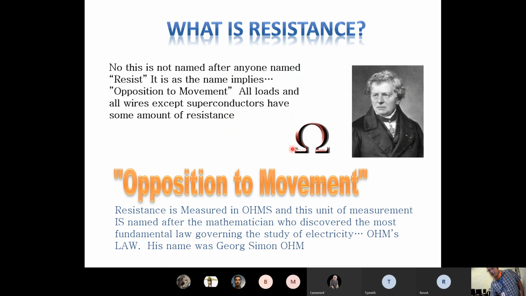Yep. It's also the symbol we use for ohms. So whenever we're going through showing measurements, that's going to be your symbol. And Georg? Yeah, that's what I was wondering. Instead of George, it's Georg.